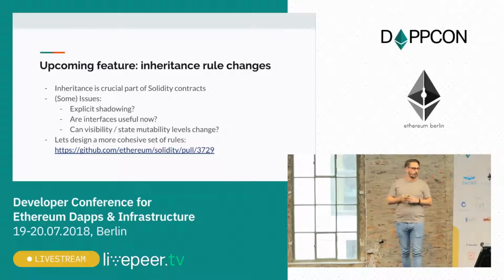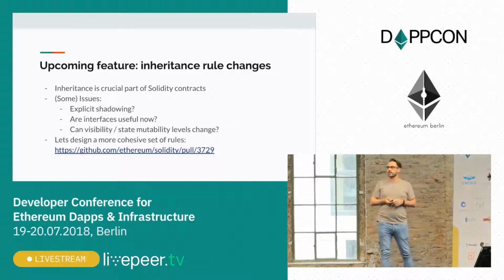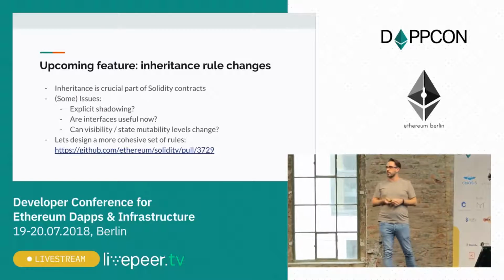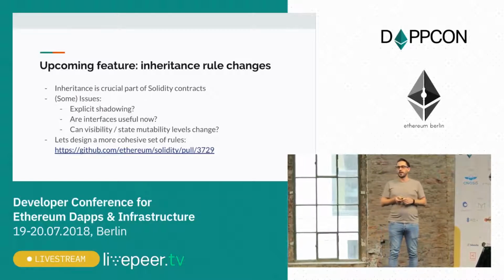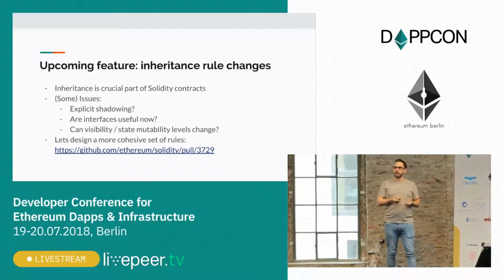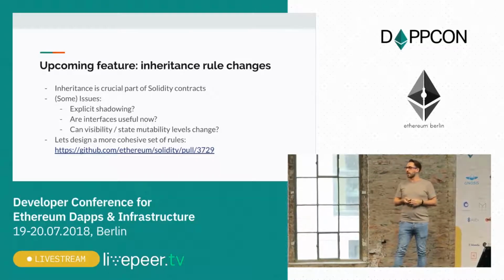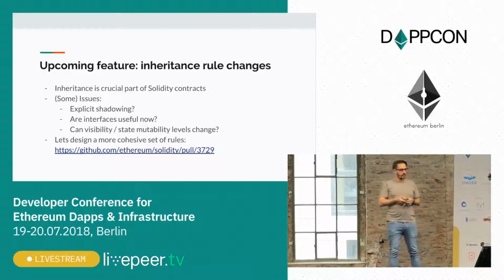How does that work? Are interface contracts, which probably not many people have heard about, useful at all at the moment? Can we change visibility or mutability levels during inheritance? These are a couple of questions which have to be solved. And if you have a strong opinion or just would like to see the discussion, there's the link to check out.